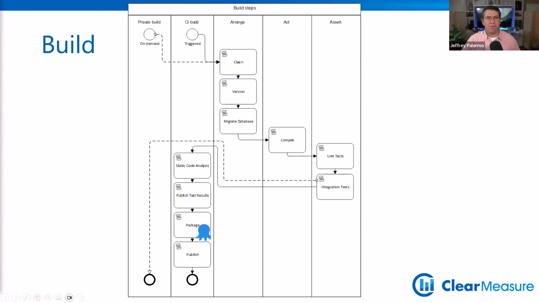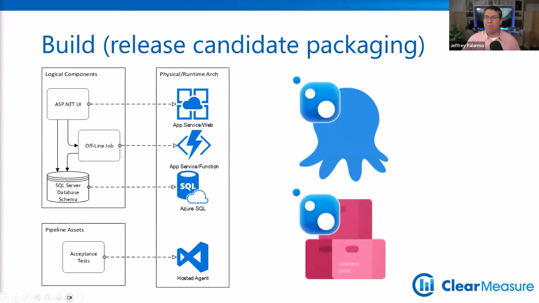And then you publish those. And so from a packaging perspective, you can see how an application with a web application, an offline job, and a SQL Server database translates to 3 deployable components. And then, of course, your full system acceptance tests are a 4th deployable component. Okay. And we can push those to the NuGet server inside Octopus Deploy, and we can also push our tests to Azure Artifacts.